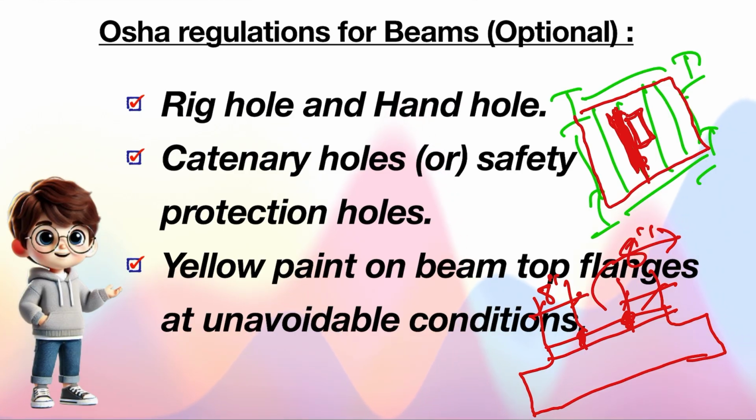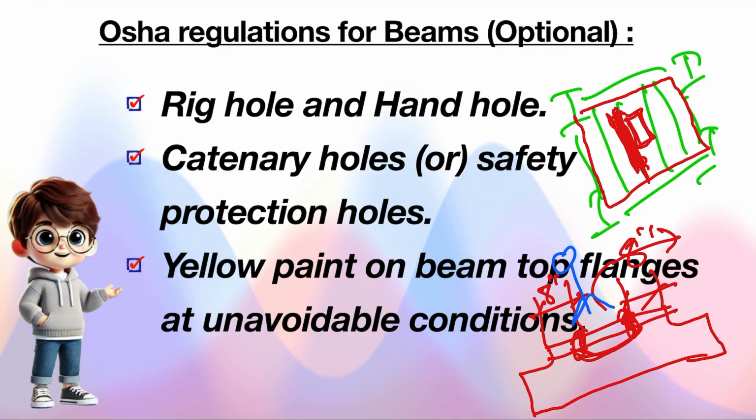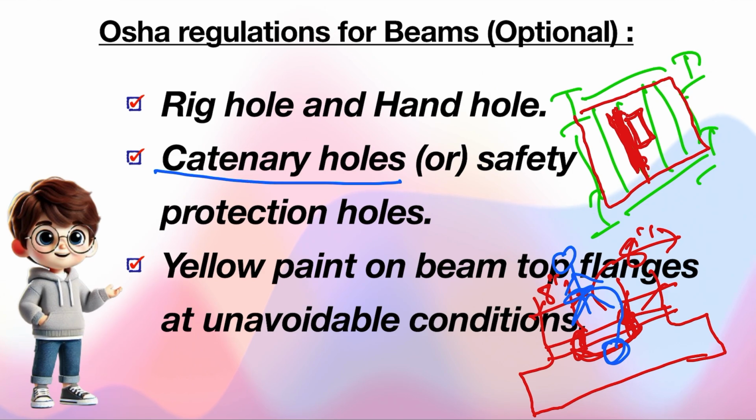And there will be a cable tying up these two holes, and the erector or person who is walking on this will tie his buckle to this cable while working on this beam. Those holes we call catenary holes or safety protection holes.